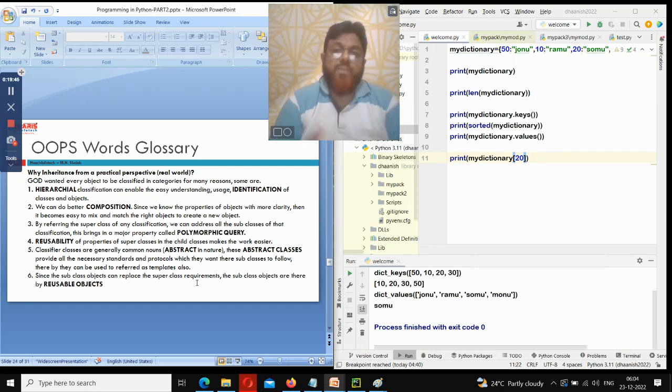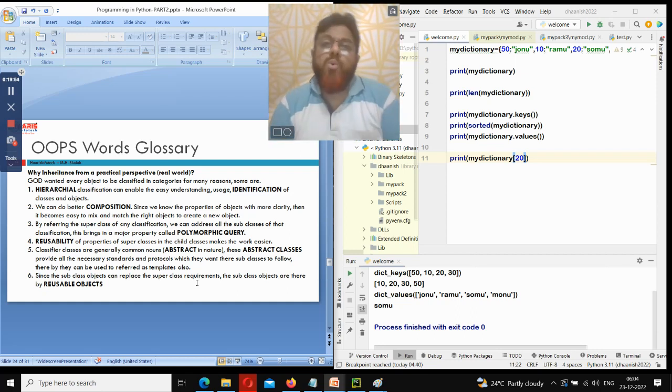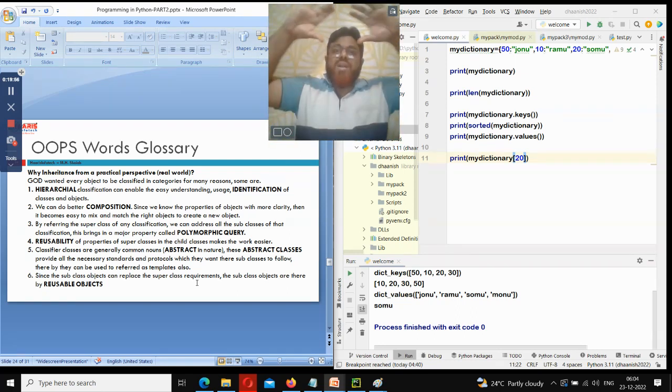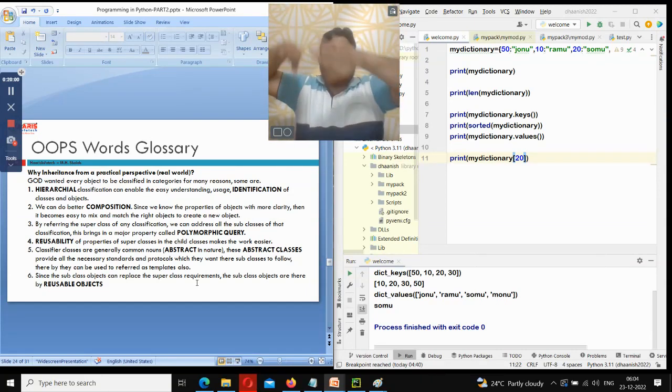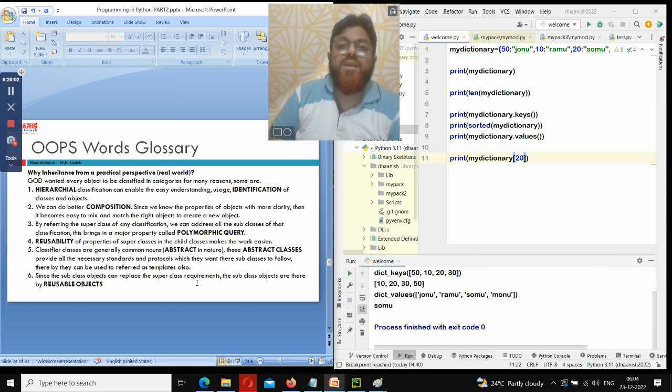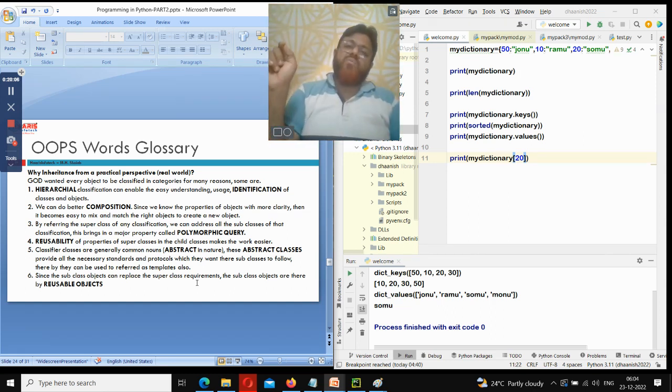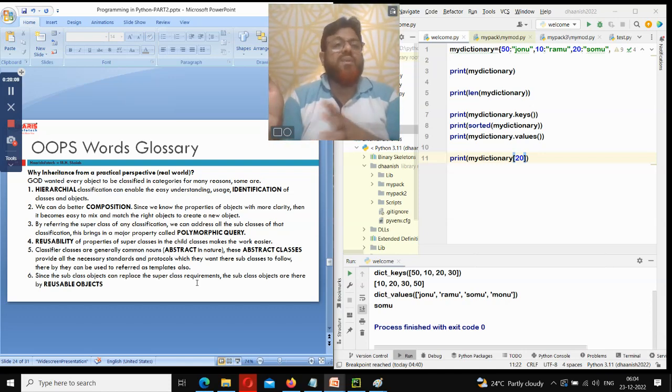Polymorphic query, now very important. Now, an advertisement is written: shoe factories are invited to my exhibition. Who all can come? Because shoe factory is a common noun, and under that there are Bata shoe factory, Lakhani shoe factory, and so many others. That becomes a polymorphic query. If I say Bata shoe factory is invited, only Bata shoe factory can go there. Whereas if I say shoe factory, everybody can go.